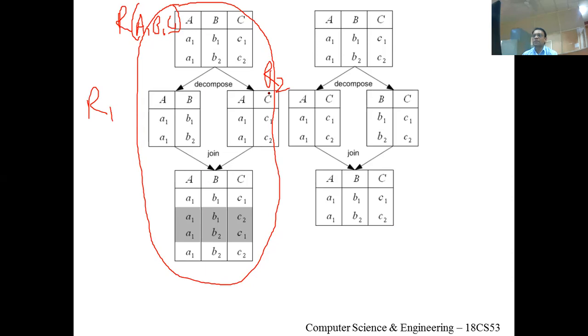There should not be any loss of information. But in this case, we have spurious tuples. That means there is a loss of information here.